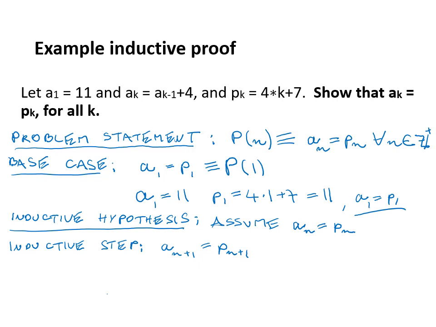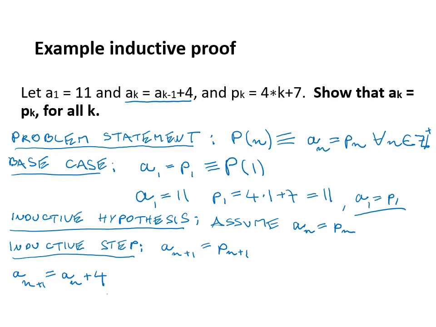And we are going to show this using the inductive hypothesis and the problem statement. Okay, so we know from our problem statement that A of n plus 1 is equal to A of n plus 4. So this is the recursive definition from our problem statement.